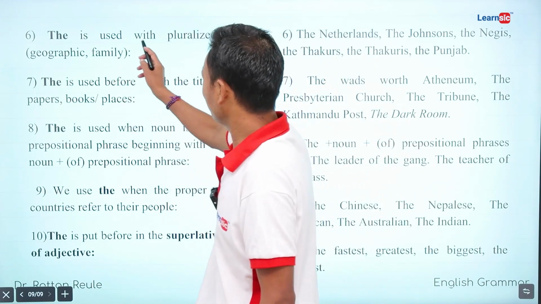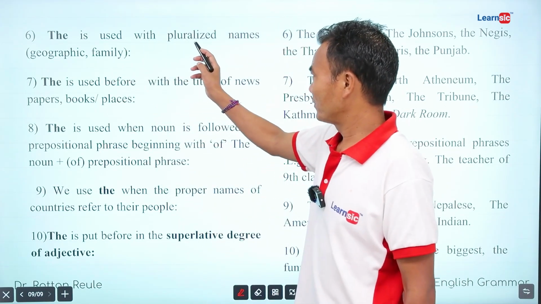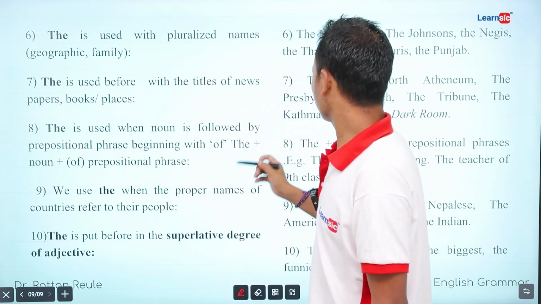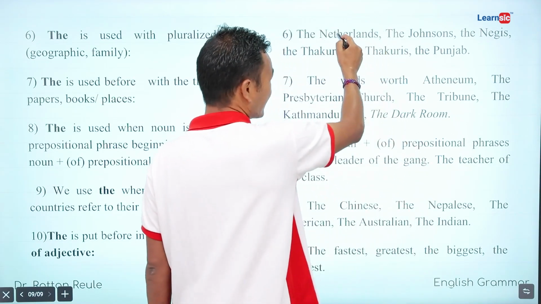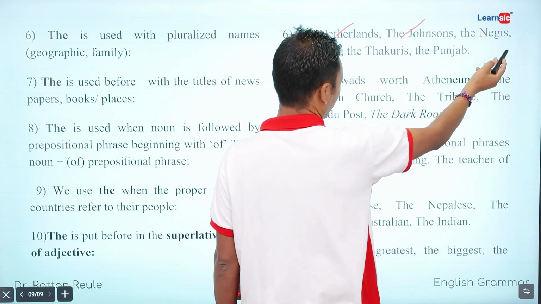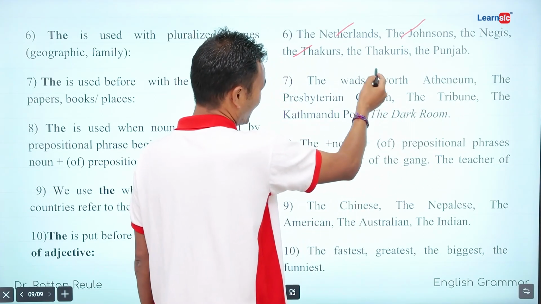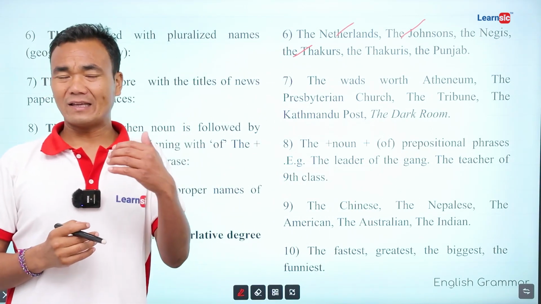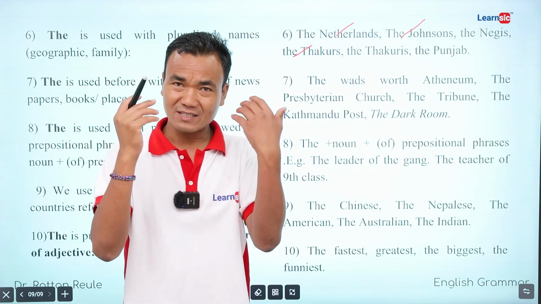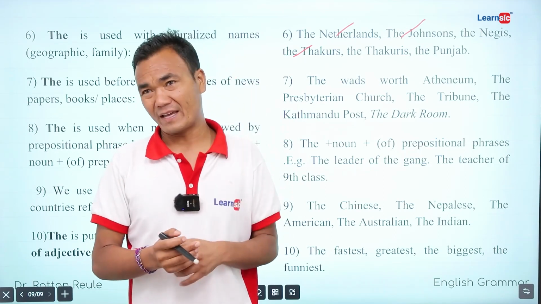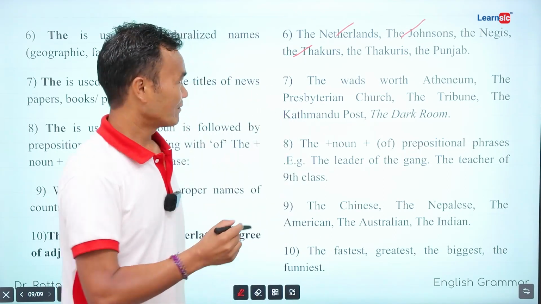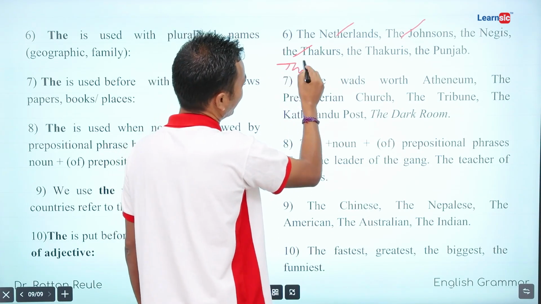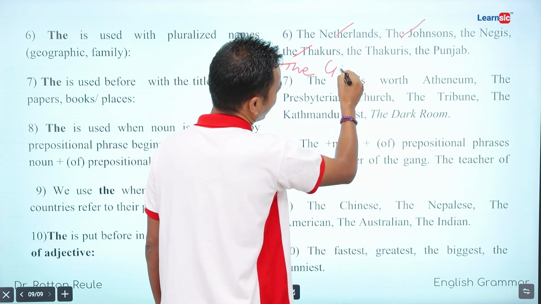Okay, the is used with pluralized names of geography and family. For example, the Netherlands, the Johnsons, the Negis, the Thakurs, the Thakuris, the Punjab. When we use our surname in a plural way, then we use the article. For example, the Gurungs.